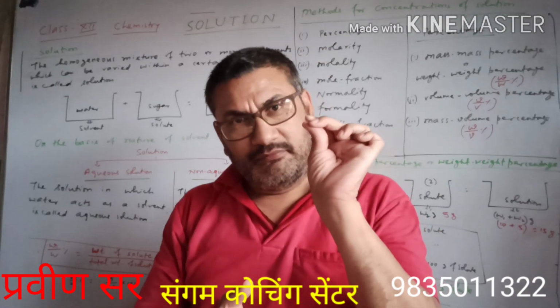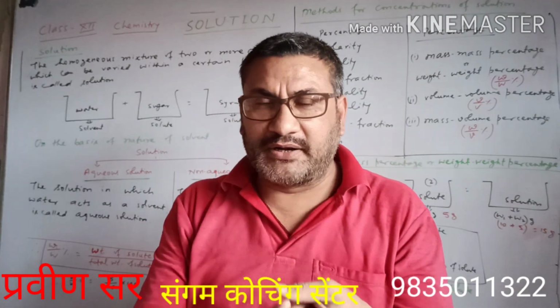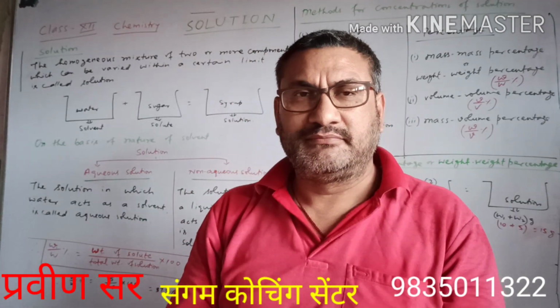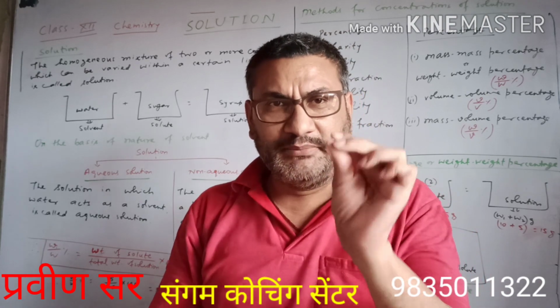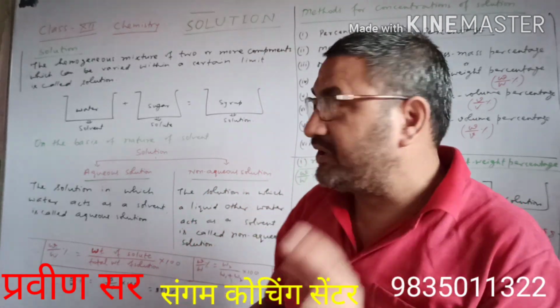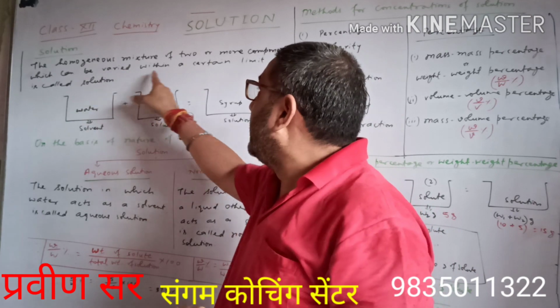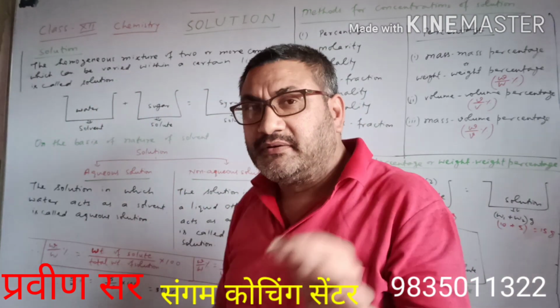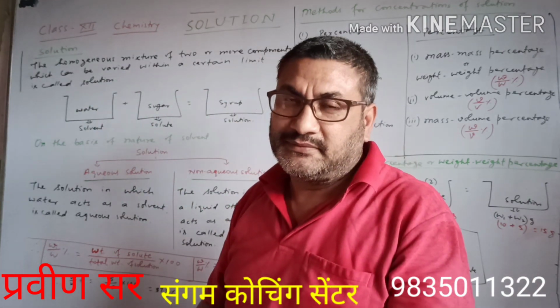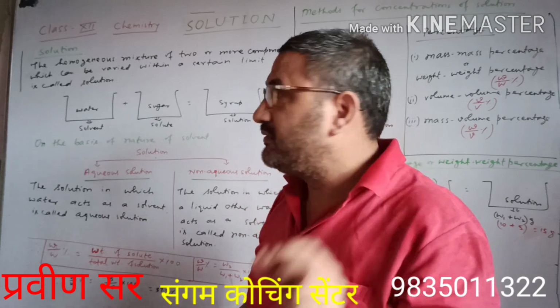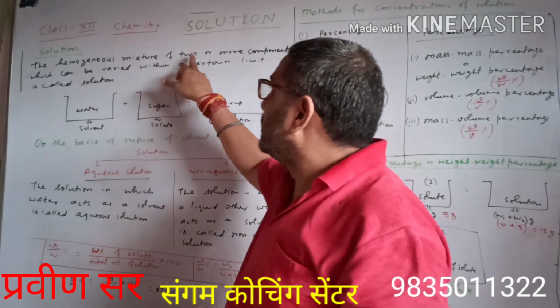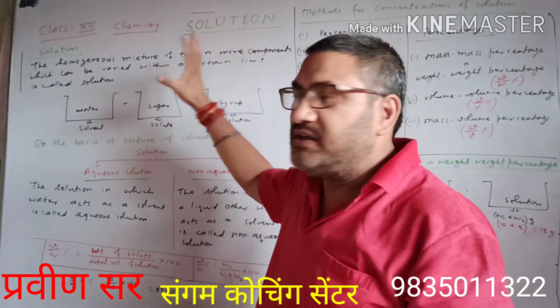You can dissolve sugar in water only in a limited proportion, which can be varied within a certain limit. The homogeneous mixture of two or more components within a certain limit is called a solution.